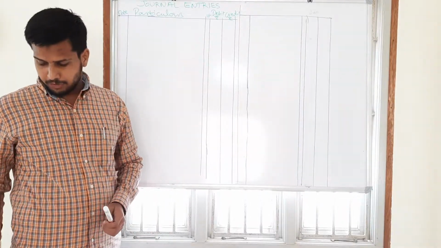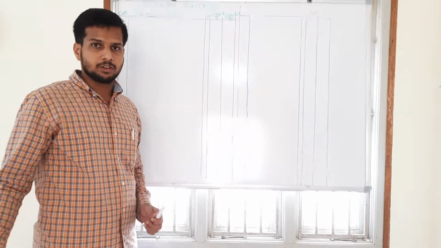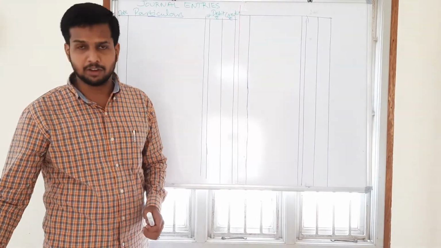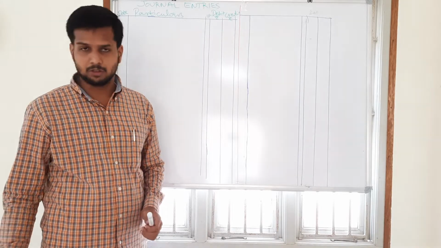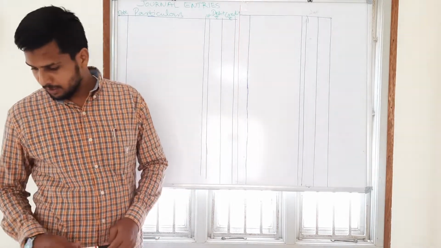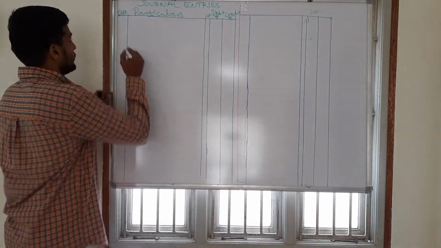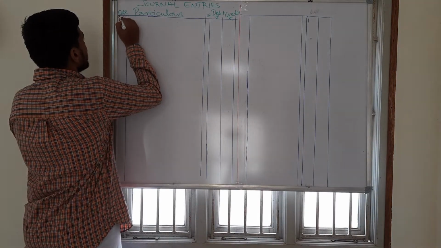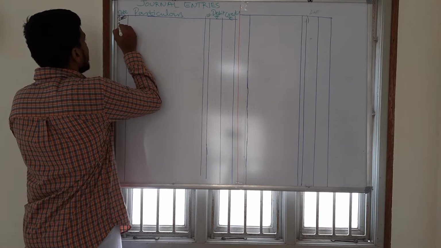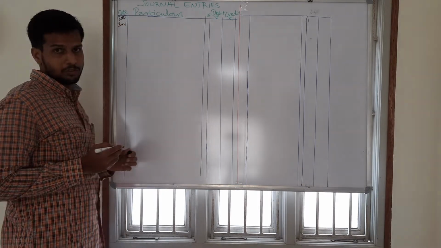Here they have the question. I will post the question in a PDF format. You have to look at the question and you shall write it. Here we have the date, 2000 January 1. The year is 2000, we write the year, and January 1 is the first date.